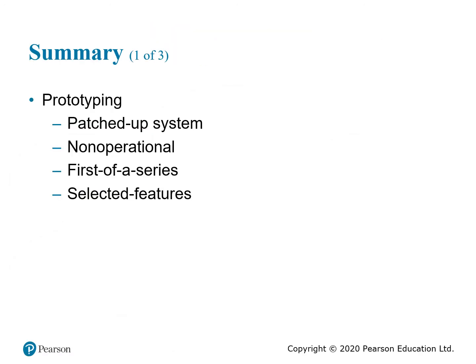In summary, we discussed prototyping in the previous videos, talking about the different types of prototyping. We talked about the patched-up system, non-operational approach, first of series, and selected features.